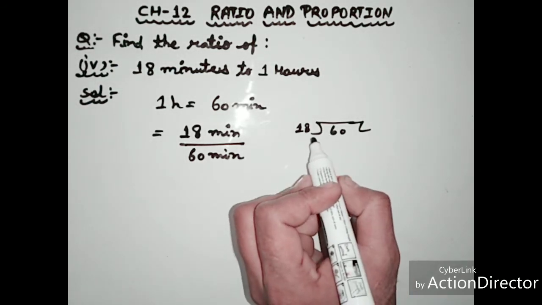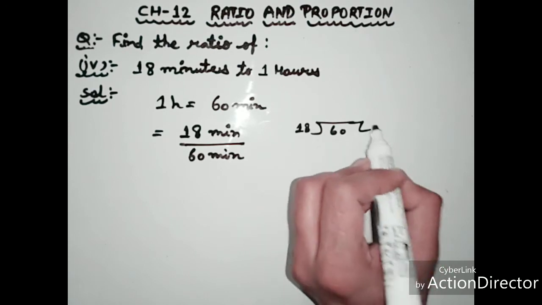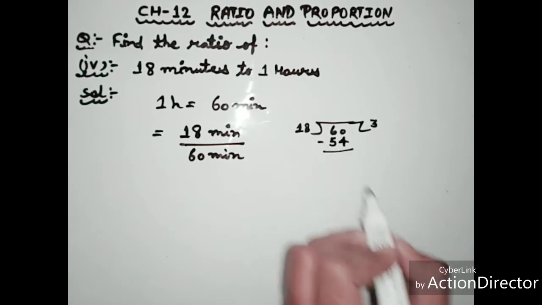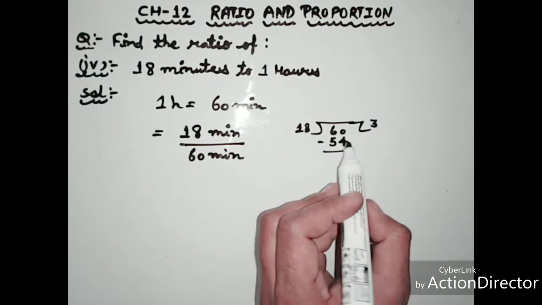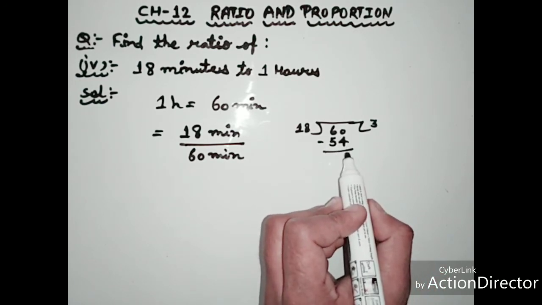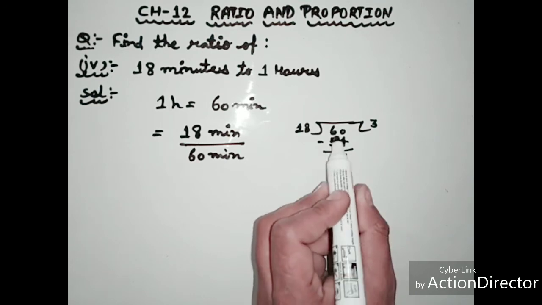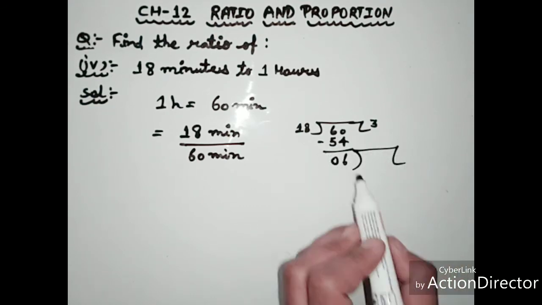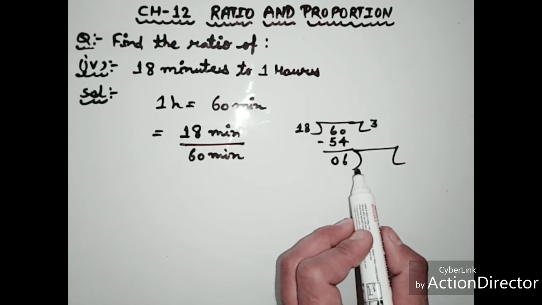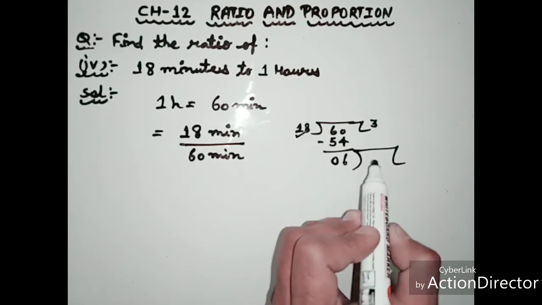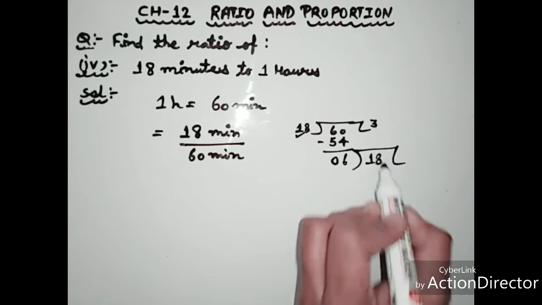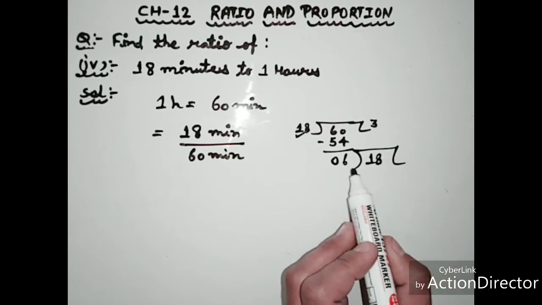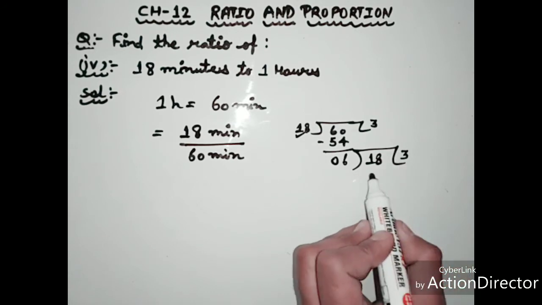18 threes are 54. Now subtract: 10 minus 4 is 6, and 5 minus 5 is 0. Now this remainder takes the place of the divisor and this divisor takes the place of the dividend. And 18 divided by 6 is 3 times. 6 threes are 18.